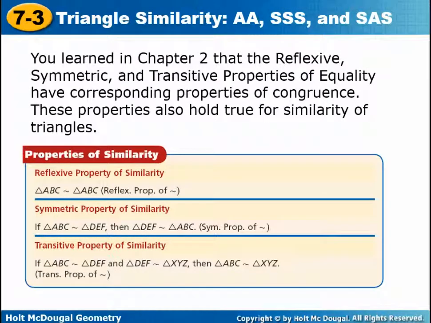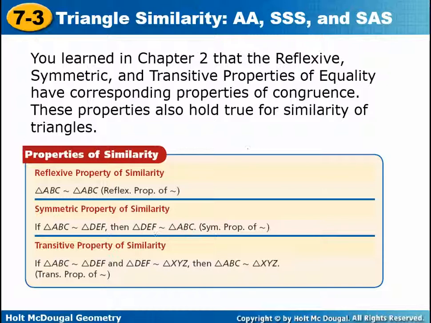All right, there are just a few other things that we need to go over. We're not going to really use them in a problem yet, but we will as we continue. The reflexive, symmetric, and transitive properties also hold true for similarity of triangles. So the reflexive property says that triangle ABC is similar to itself. Also, if triangle ABC is similar to triangle DEF, then DEF is similar to ABC.